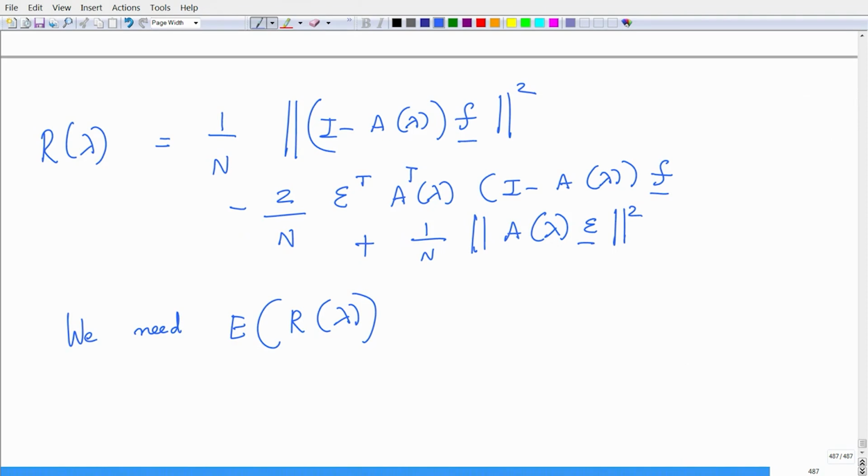Right. So when we take expectation over R of lambda, this is zero mean noise, so therefore the second term just vanishes, so it is out of the picture for us.